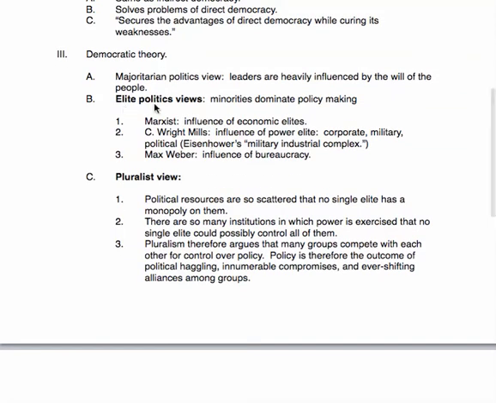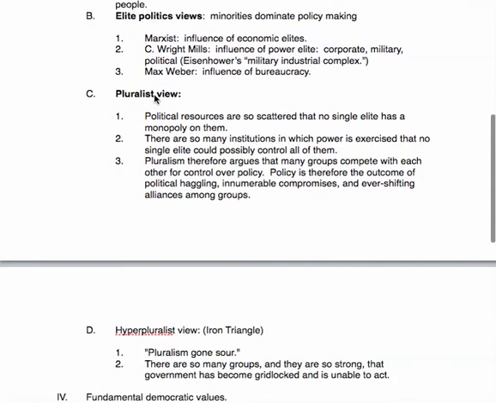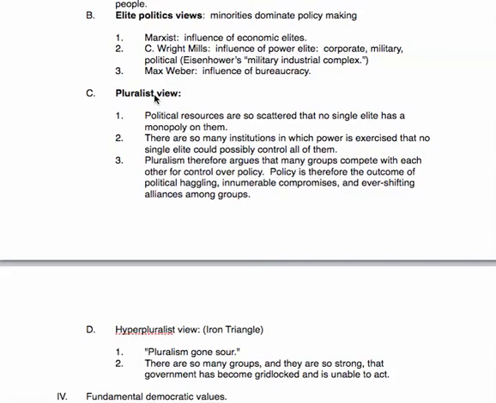Again, this is in bold because it was on previous AP exams, so just realize that. I also have here the pluralist view, and just remember what we talked about here. This is when you have a lot of competing interests, and when you hear that term interest, think about special interest groups like the NRA and the NOW organization, and how they're competing in politics to create public policy, to have an influence in public policy.